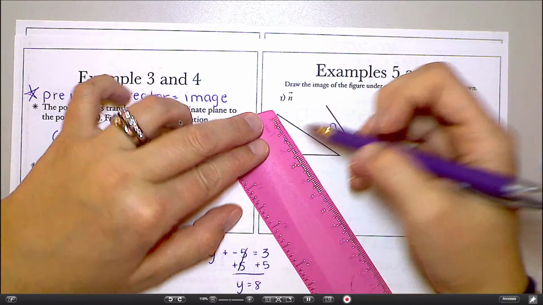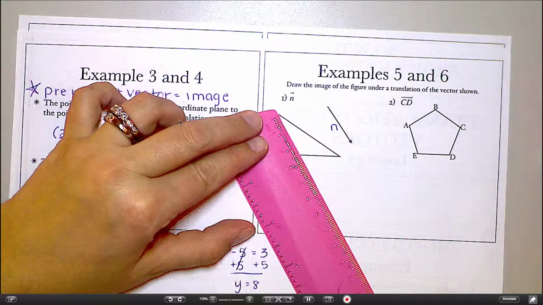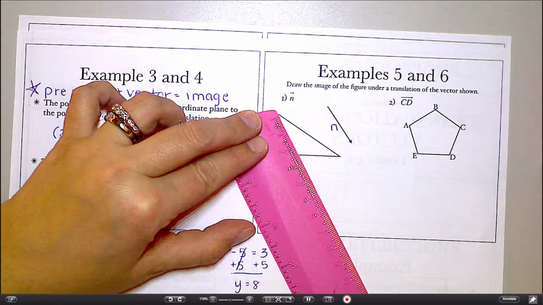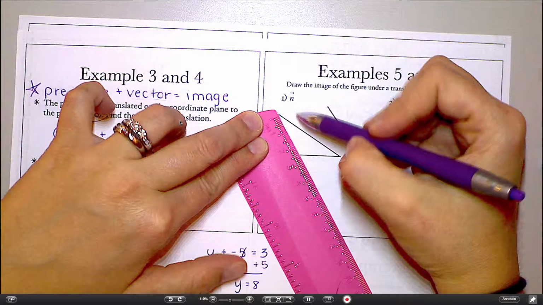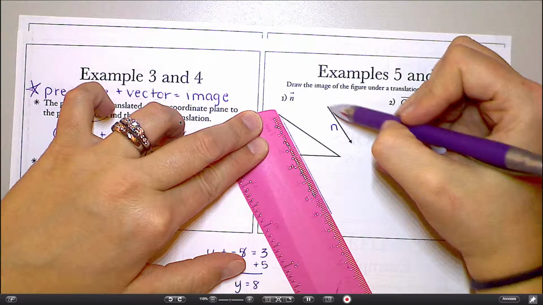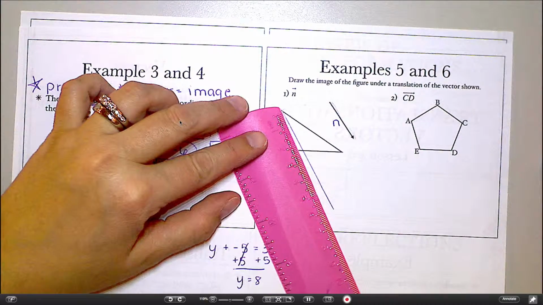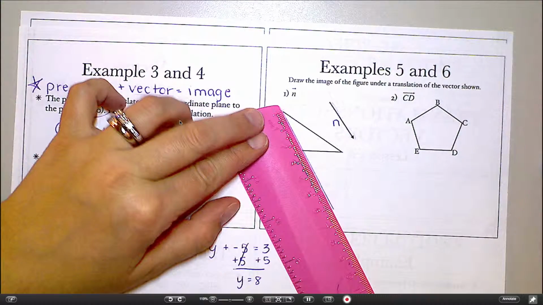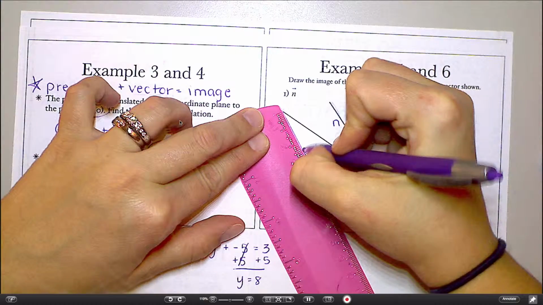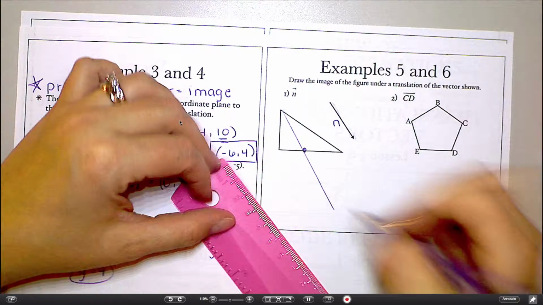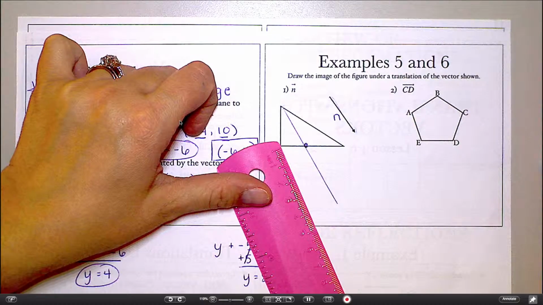I'm going to line it up so it's right on the end there. Again, I'm looking for where it's parallel. That's probably good. Okay, so again, I'm looking for this line here to be parallel to that line. How's that looking? Pretty good. Okay, and I'm going 2.5 centimeters, so that would go right here. Okay, and then I'm going to do the same thing with this one, and I'm going to keep that line parallel again.